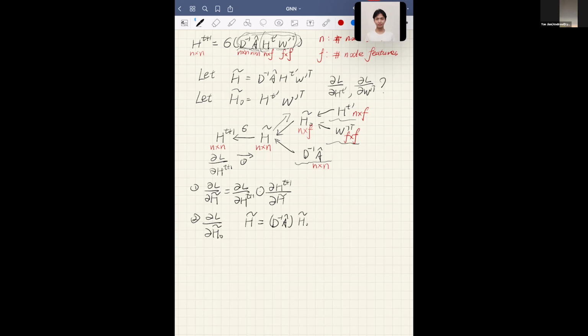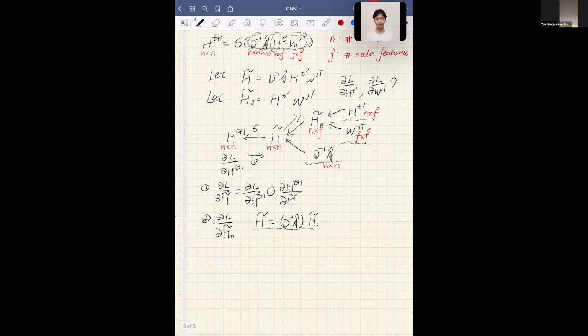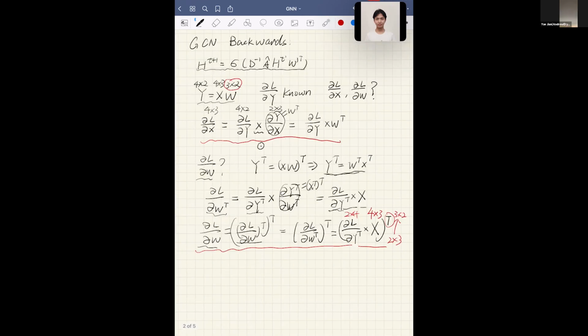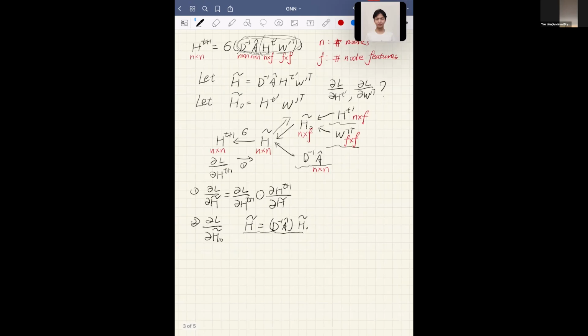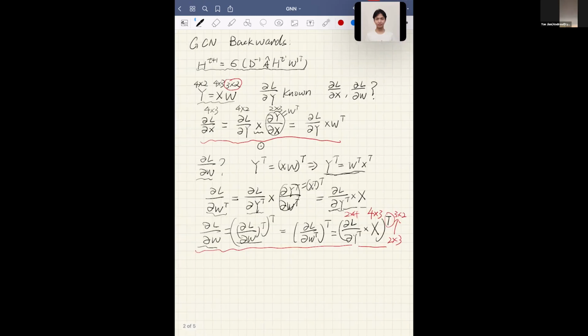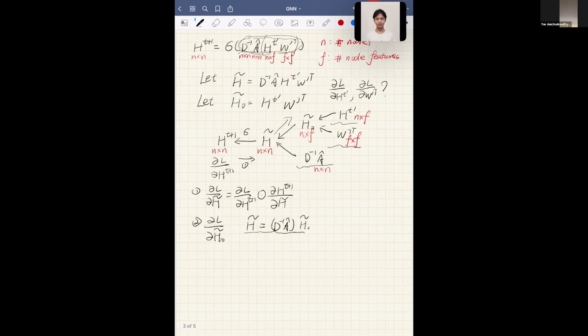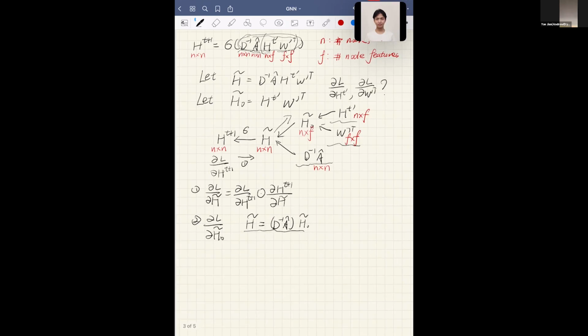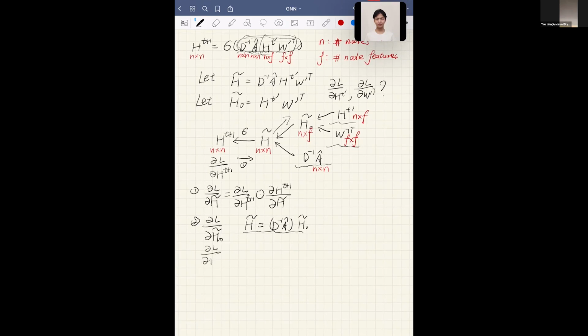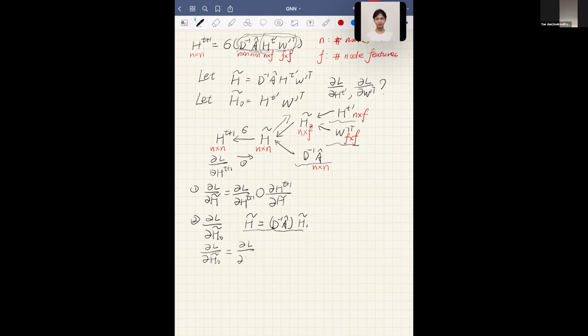This is very similar to what we recalled just now, Y equals X W. In this case, H0 tilde is in the same position as W. So we can write down the derivative: d loss over dH0 equals the constant term transposed times d loss over dH tilde.